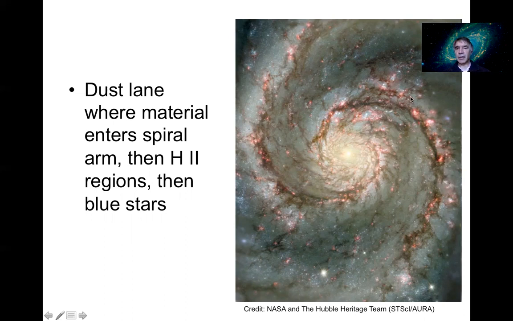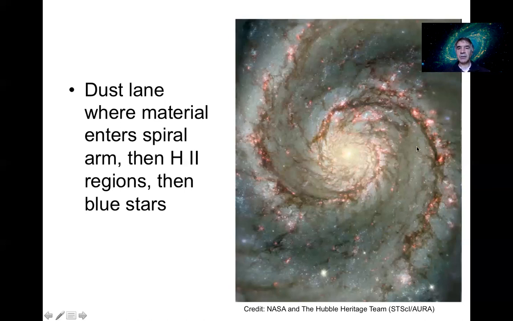So that blue light is all the population 1 stars. These are all the massive young hot stars. So that really delineates the spiral arm. That's the population 1 stars that are showing blue. You can see them all here on this arm as well.